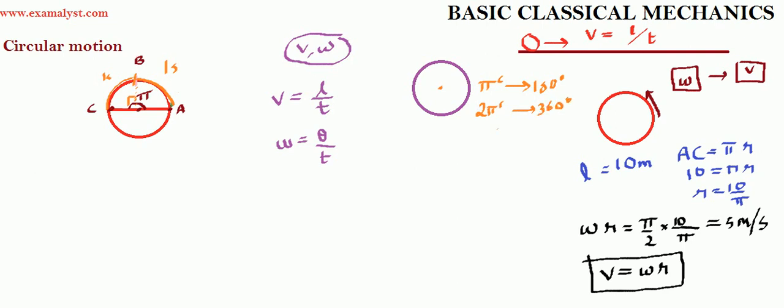Agreed? So there is actually a relation between this radian and this length. Theta is in radian. Theta can be written as L, that is the length over the circle, divided by R. This is the relation between theta, the length, and the radius of the circle.